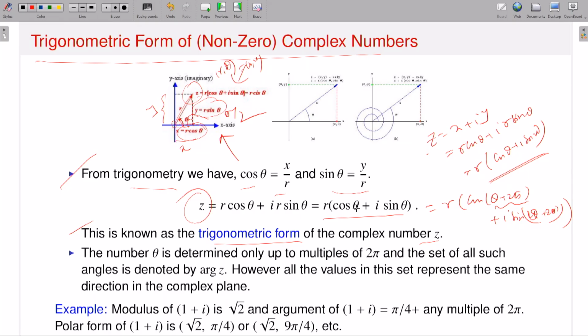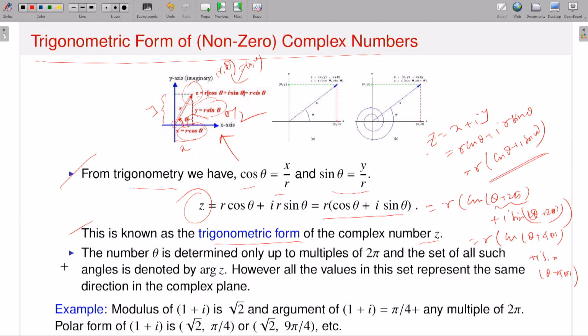If I perturb theta by 2 pi, I get the same value. So this is the same as r of cosine of theta plus 4 pi plus i sine of theta plus 4 pi. That will also be the same. So which one should I consider? Theta plus 2 pi, or theta plus 2k pi, where k is an integer.